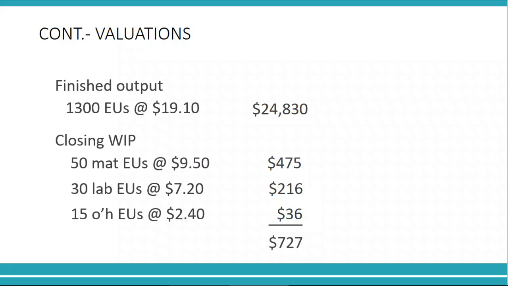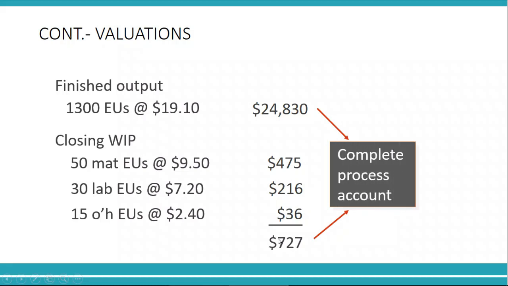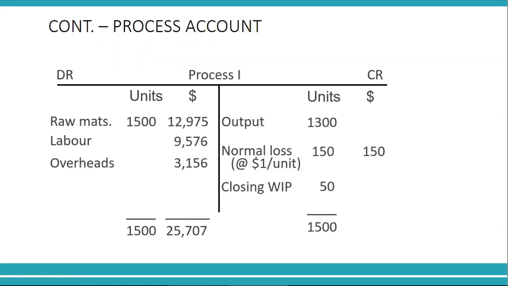So we've got finished output value based on 1300 equivalent units, 24,830, and the value of 50 work in process units. What is the value of work in process? That is $727. So now you complete your process account, you go back there and fill in the numbers. You've got 1,300 units of output, which is 24,830, and closing work in process is 727.